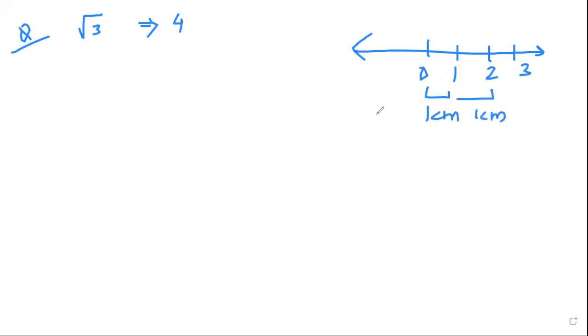In these kind of problems, take it as 1 centimeter, because otherwise it will go haywire. Your base needs to be 1, so take it as 1 itself. Otherwise I would have said take anything, but for these kind of questions, make sure you are taking it as 1 centimeter.